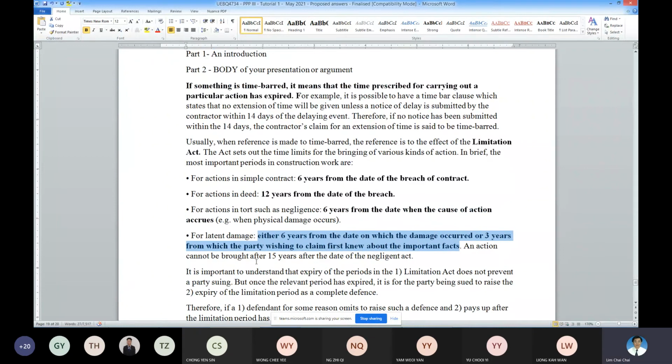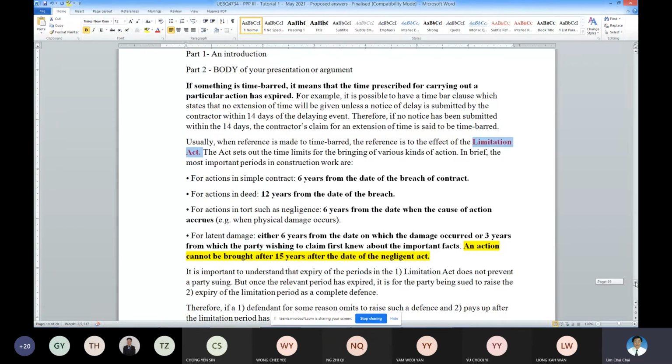But for negligence, this is the criteria: an action cannot be brought after 15 years from the date of the negligent act. So these are the time bars that are provided under the Limitation Act 1953.